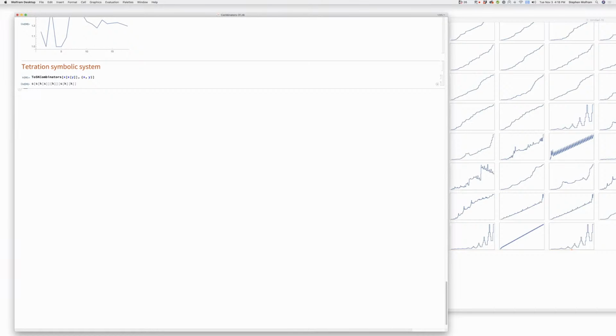And now it's a little bit ornate because we have to use the fixed point combinator, the Y combinator, to keep applying this to a particular thing.